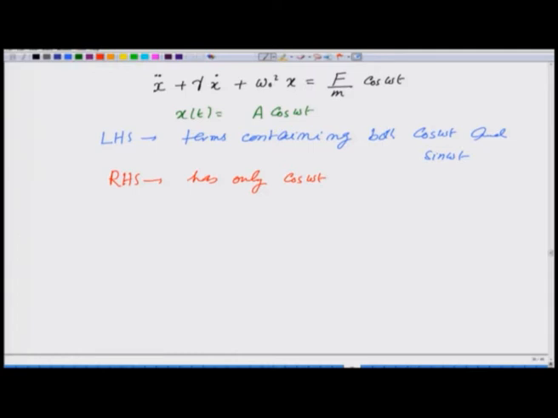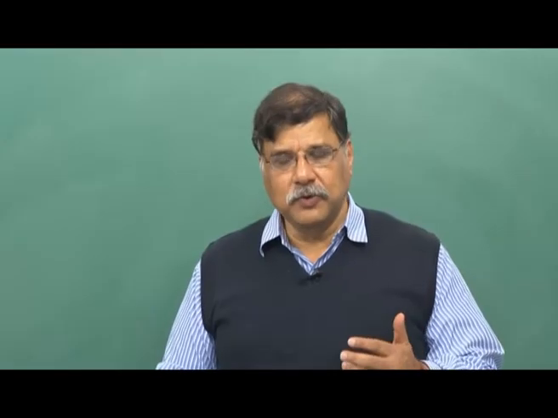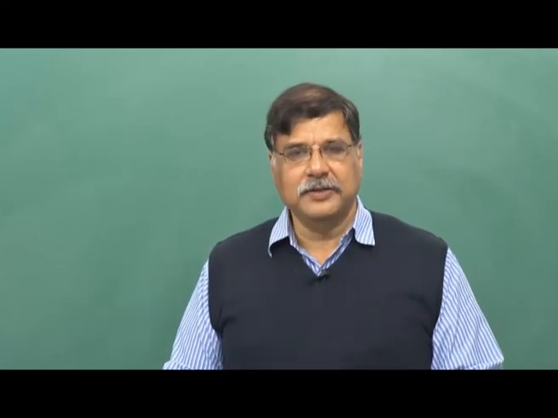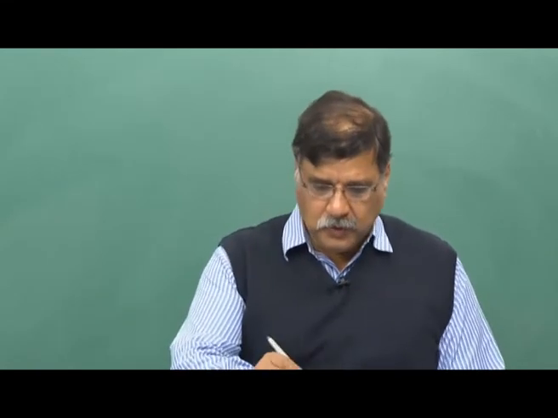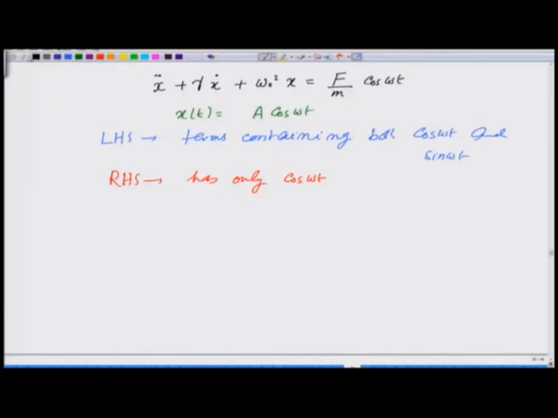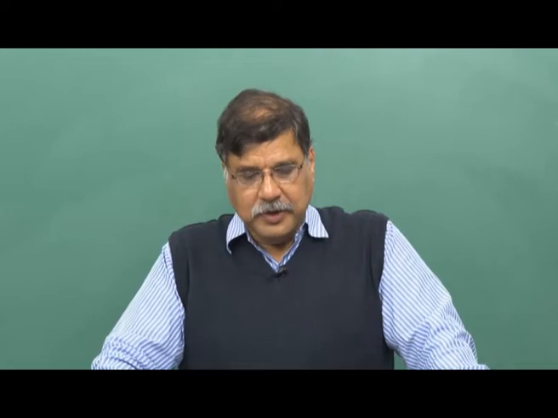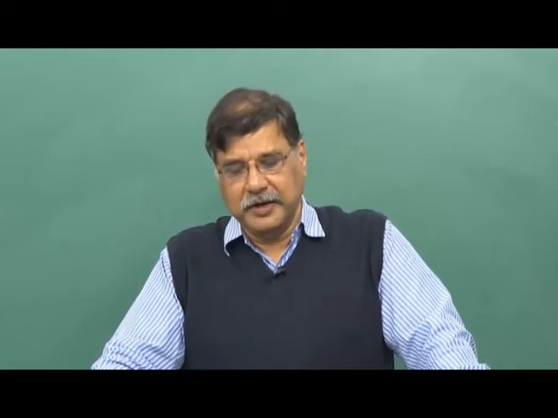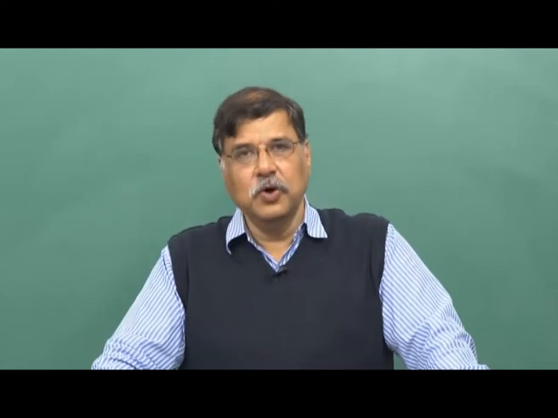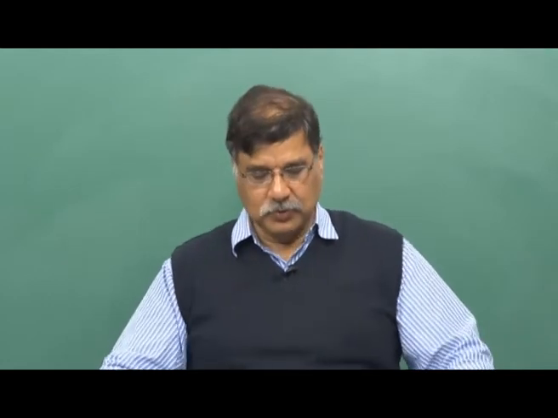So, the best trick is to generate some terms that will also give you more sin omega t on the left hand side, so that I can cancel this term. So, what we do now is therefore, take the solution x t of the form a cosine of omega t plus b sin of omega t. What we will hope to do with this is that on the left hand side, I will equate the terms that appear with cosine omega t to the right hand side equals f over m, and those containing sin omega t I will equate to 0. So, let us do that.